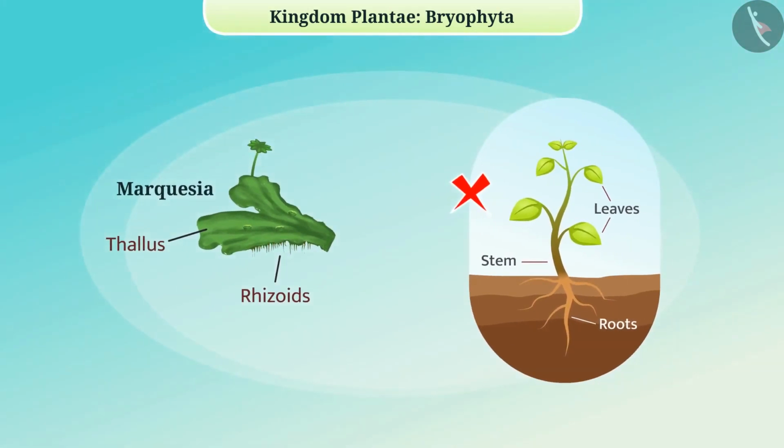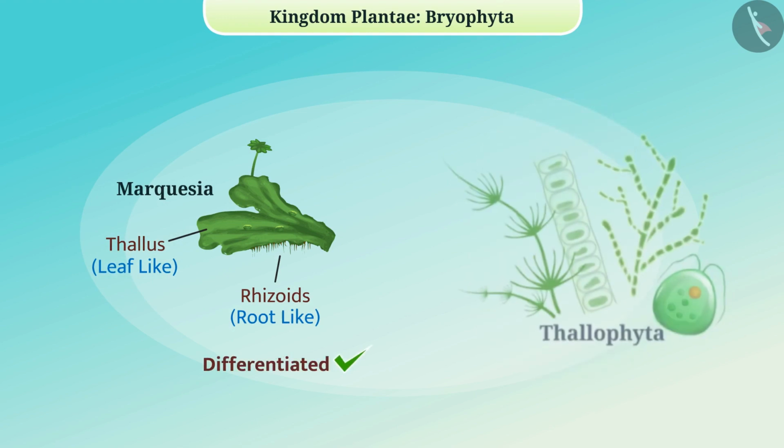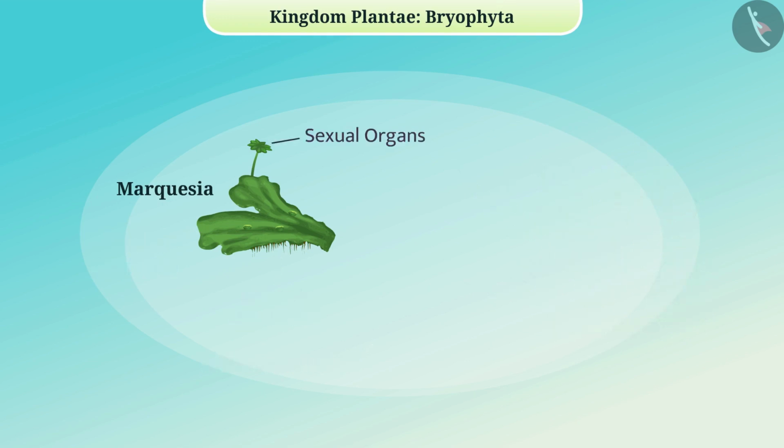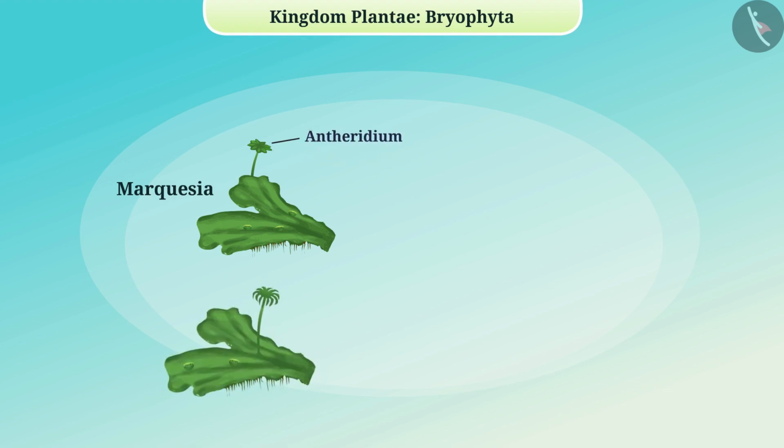They do not have developed structures like roots, stem and leaves, but they have similar structures, so their bodies are more differentiated than Thallophyta. In these, sexual organs are multicellular. The male sex organ is called antheridium and the female sex organ is called archegonium.